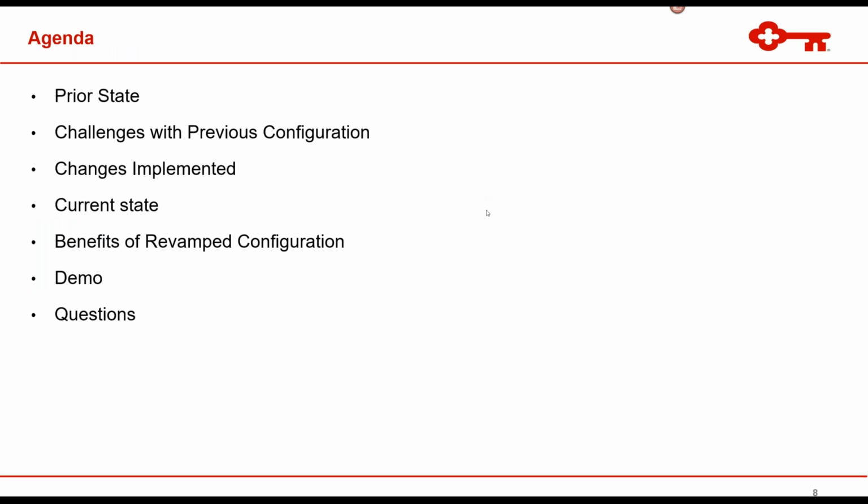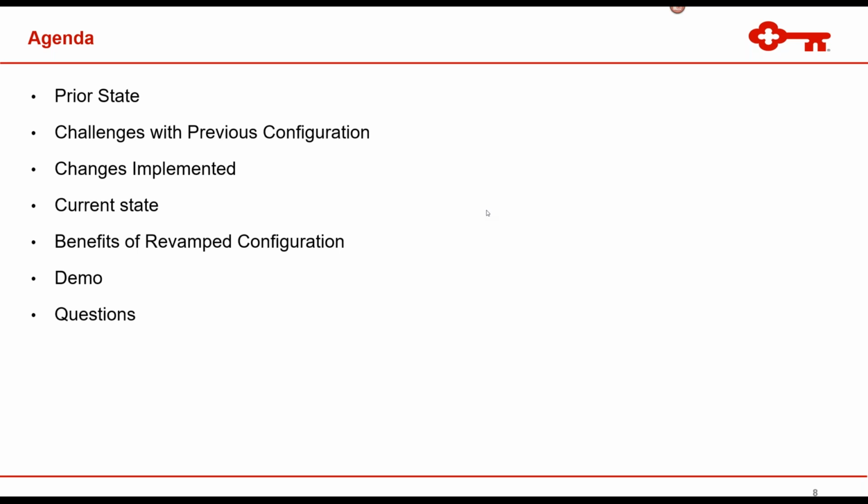So for today, I want to go through not where we started, but probably the prior state before we implemented all of the changes I'm reviewing today with our funding cycle. We'll go through the challenges with that previous configuration, and then we'll go through the changes that were implemented, and then we'll walk through the current state.